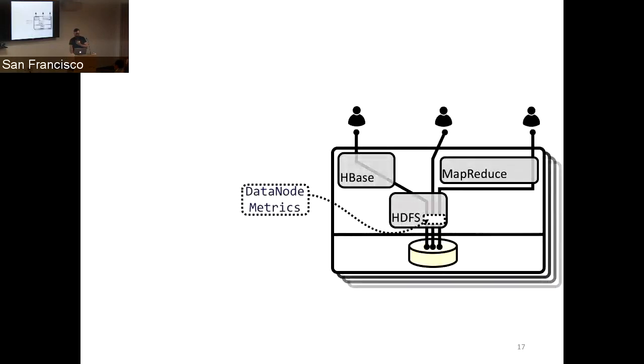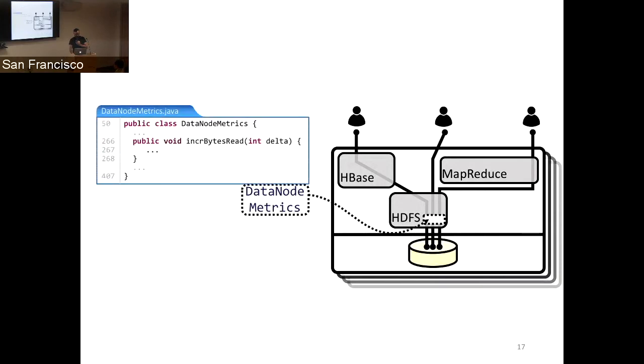Let's get started. What's happening here is that there's this data node metrics layer that has an interceptor, and there's this increment bytes thing. What you want to do with pivot tracing is extract a tuple that says the data node metrics thing is called, the delta value is 10, and then there's a bunch of stuff you can extract from the local machine, like the host name and so on.